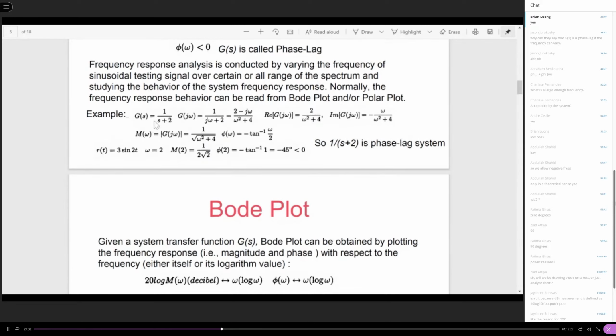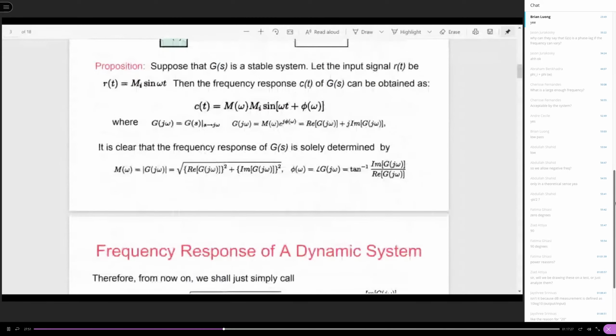Like what I said, you set s equal to j omega. Now for this one, you can write 1 over j omega plus 2. This is a complex function of the frequency omega, right? So like what I said here, I can express this complex function in two formats.